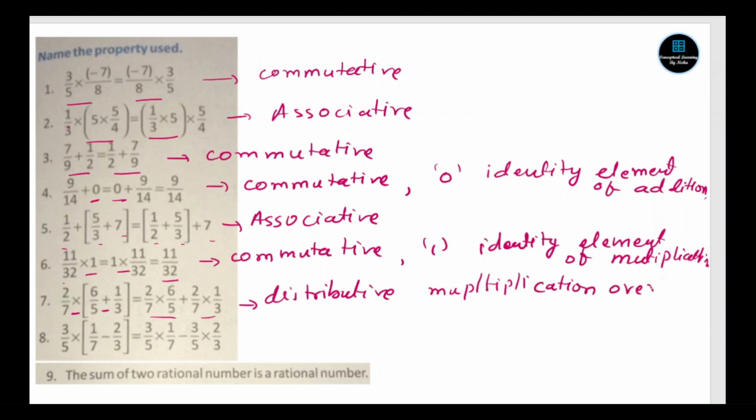And the next is distributive, multiplication over subtraction. Correct? Perfect. Now the sum of two rational numbers is a rational number. Which property are they talking about? Yes, very good. Closure property. Right? Okay.